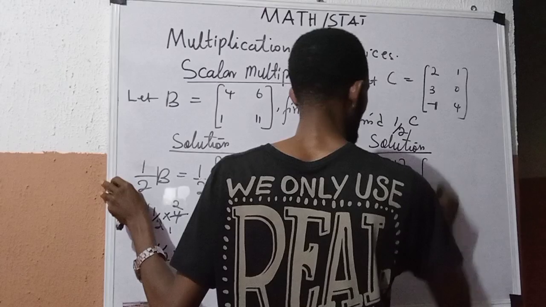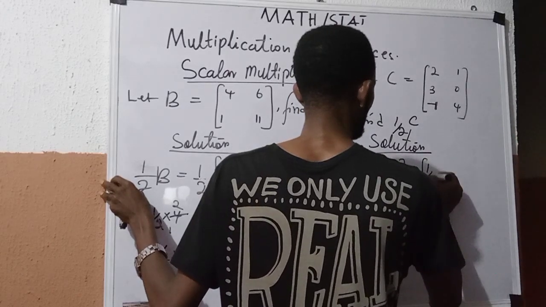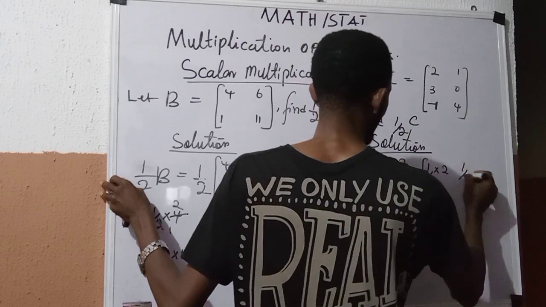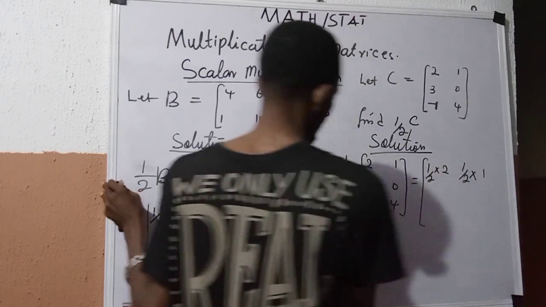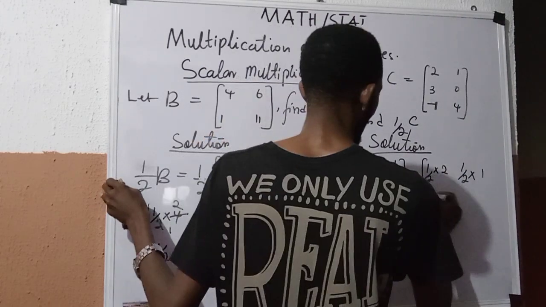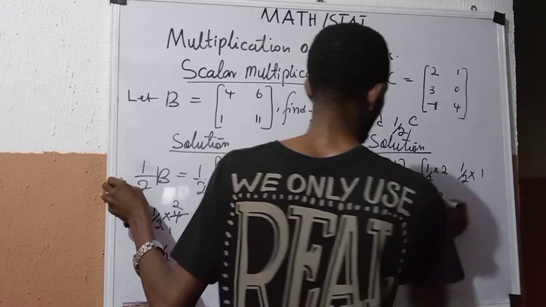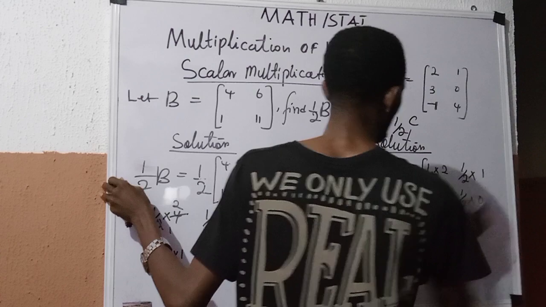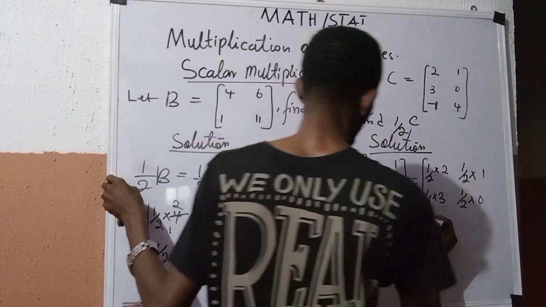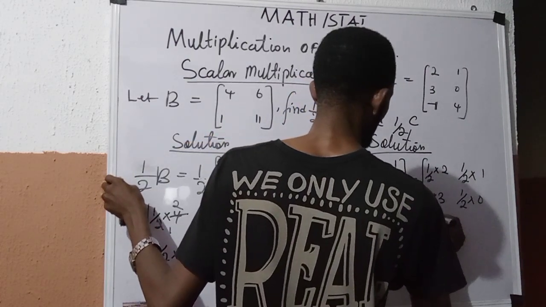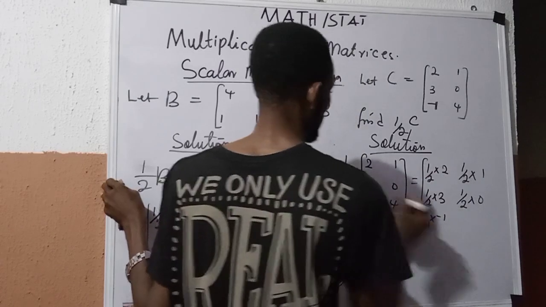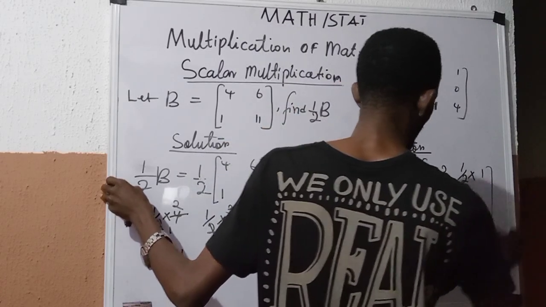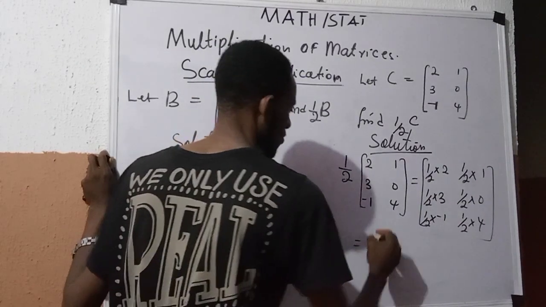So you have 1 over 2 multiplied by 2 goes in here, 1 over 2 multiplied by 1 comes here, 1 over 2 multiplied by 3 comes in here, 1 over 2 multiplied by 0 comes in here, 1 over 2 multiplied by minus 1 comes in here, 1 over 2 multiplied by 4. You close up your brackets.